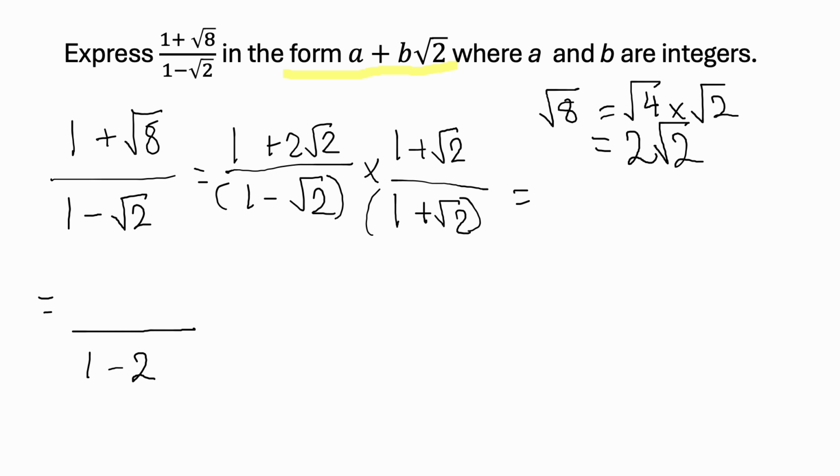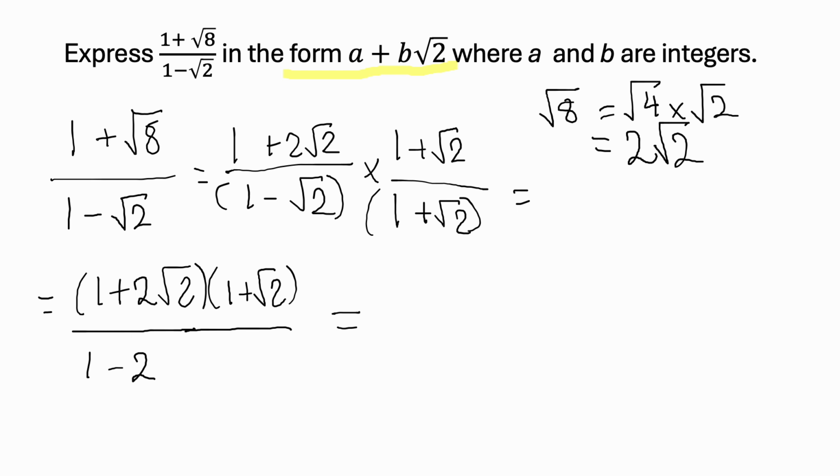And then if we do the top one, we're going to have to expand those two brackets here. So 1 plus root 2. Again, we can use our FOIL method. So first, 1 times 1, which is 1. Outside, 1 times root 2, which is root 2. Inside, 2 root 2 times 1, which is 2 root 2.